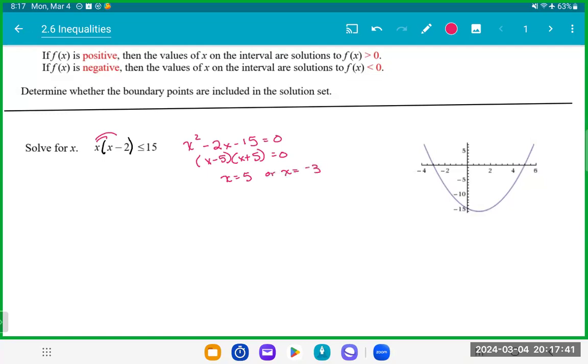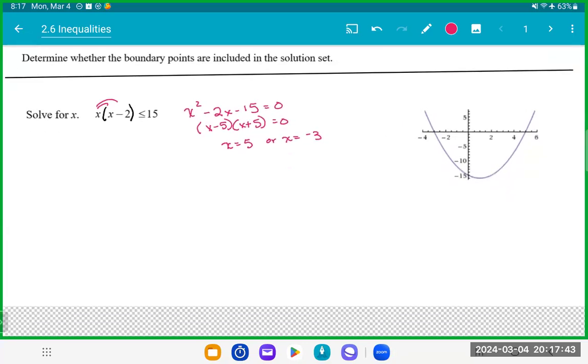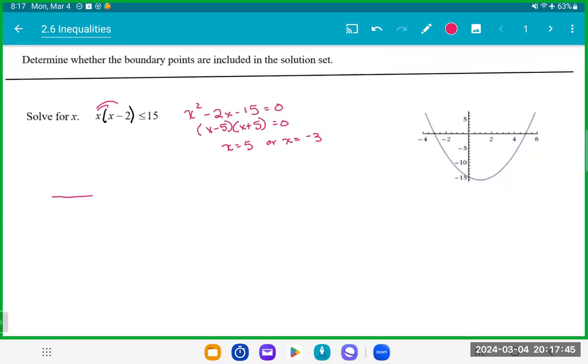And so why do we do this, right? So we can build kind of a little timeline here. If we put the smallest one here, so negative 3 and 5, these are the two places where we would end up with 0.